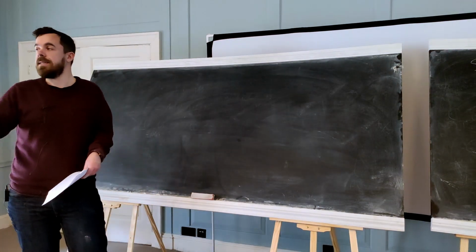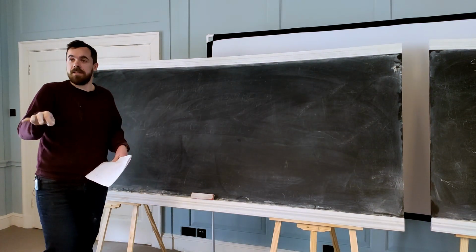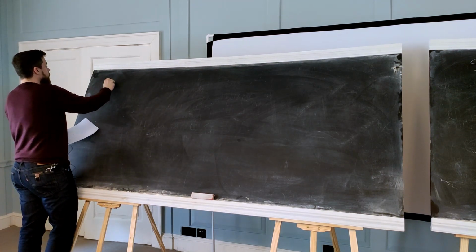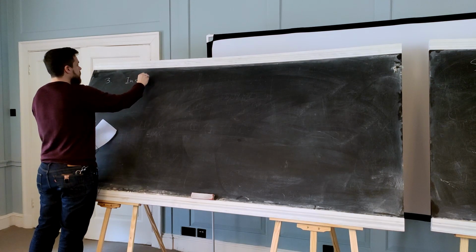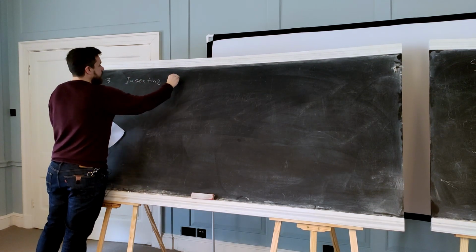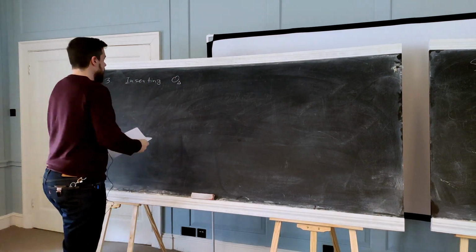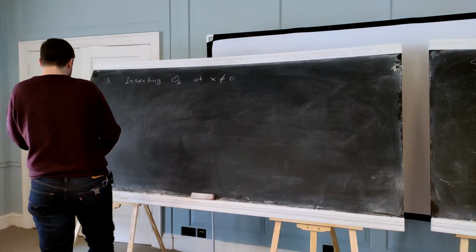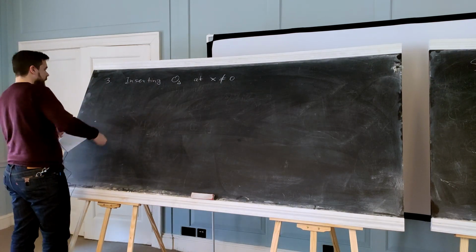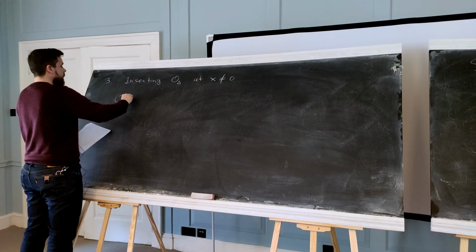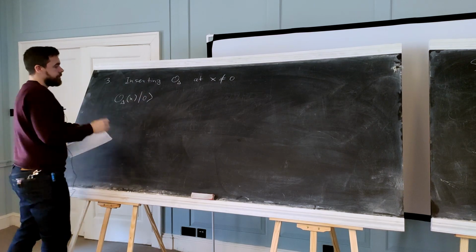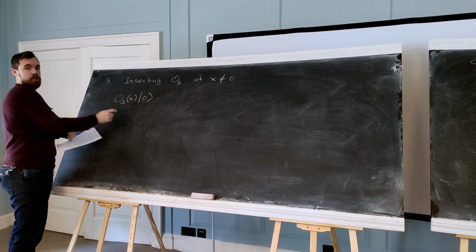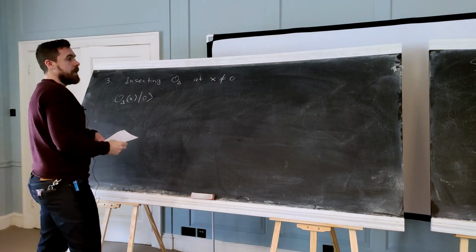So I can see what I get if I insert an operator at x, not at 0. So what do you get? So number 3 is inserting O delta at x other than 0. How do we get that? Well, we get that by writing the state that is generated by the insertion of the operator at x other than 0.